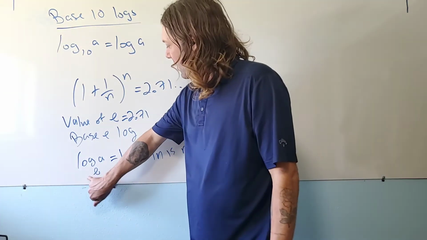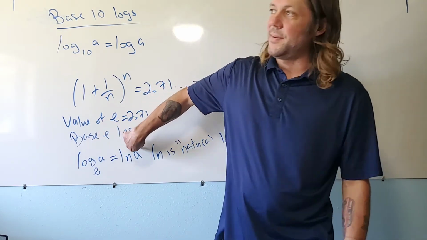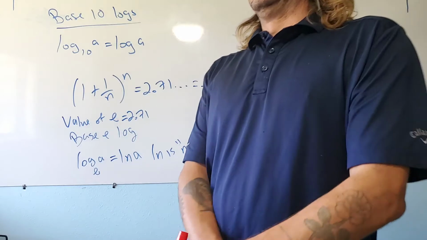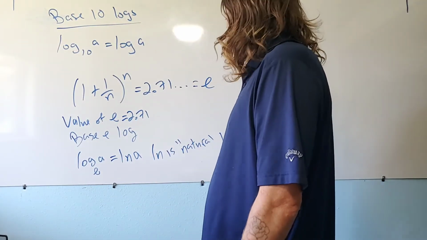So here I'd say log base E of A, but the correct way would be to say the natural log of A, or ln of A. It's most commonly called natural log of A.